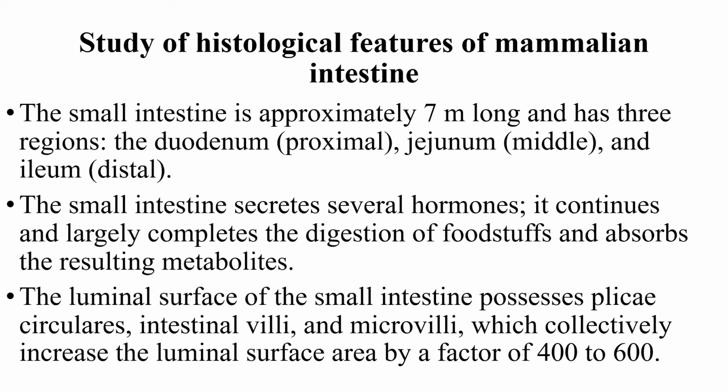The luminal surface of the small intestine possesses plicae circulares, intestinal villi, and microvilli, which collectively increase the luminal surface area by a factor of 400 to 600. This increased luminal surface area greatly aids in absorption of the digested food materials.